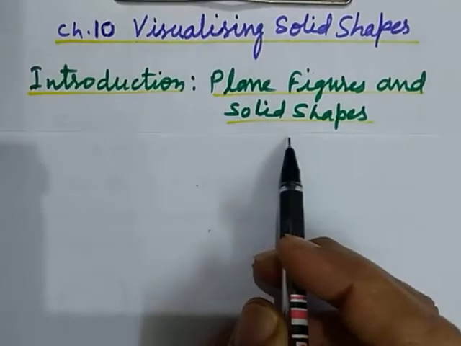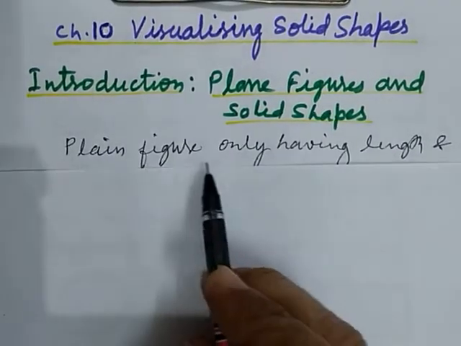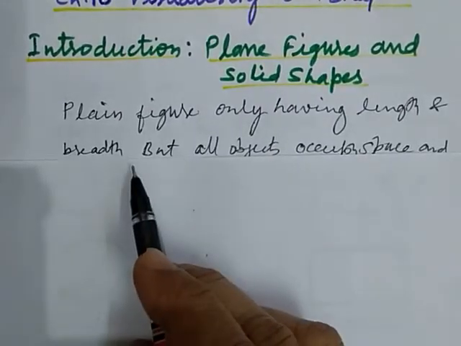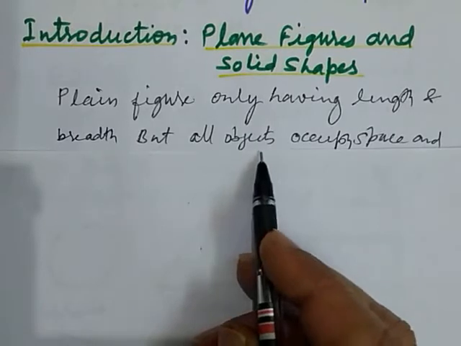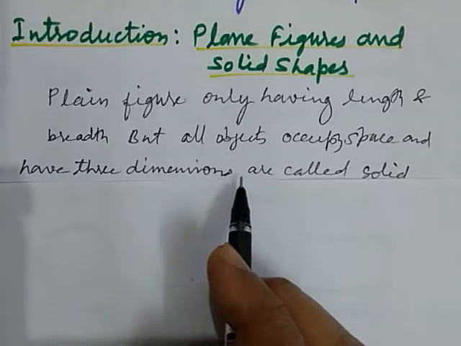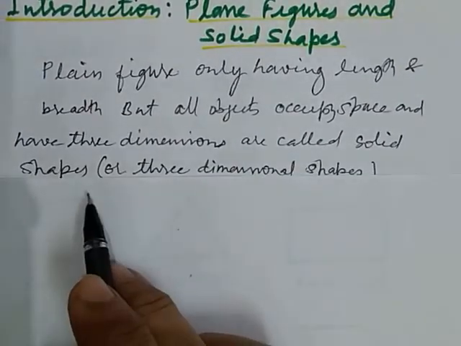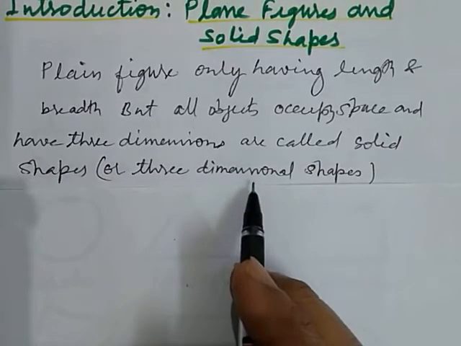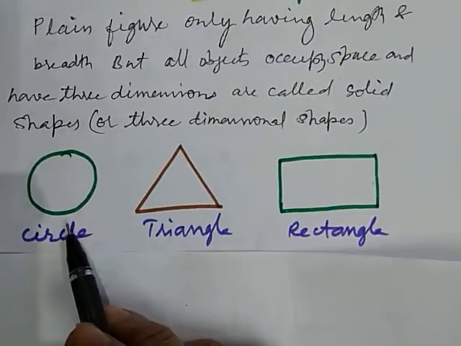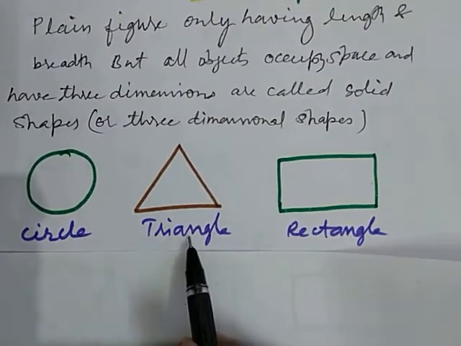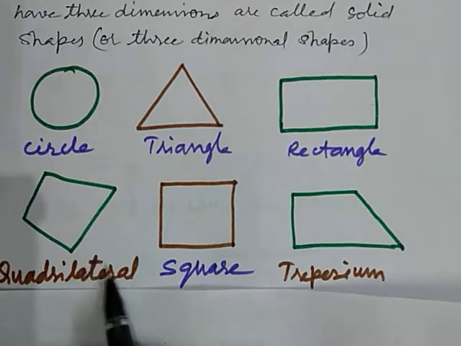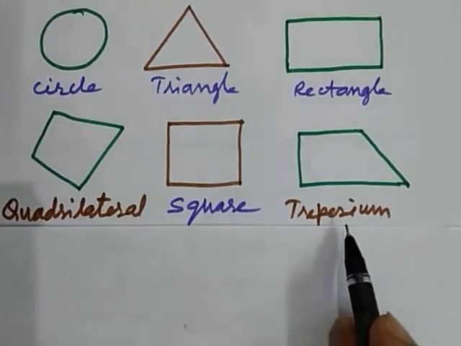Plane figures and solid shapes. Plane figures only have length and breadth, but all objects that occupy space and have 3 dimensions are called solid shapes or 3-dimensional shapes. Okay, circle, triangle, rectangle, quadrilateral, square, trapezium.